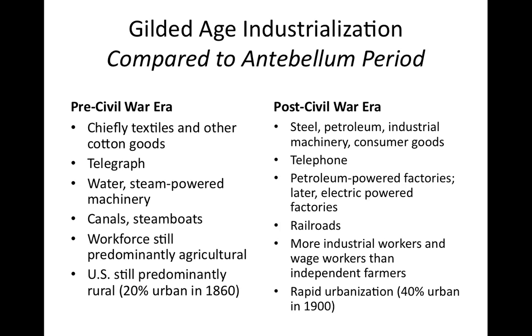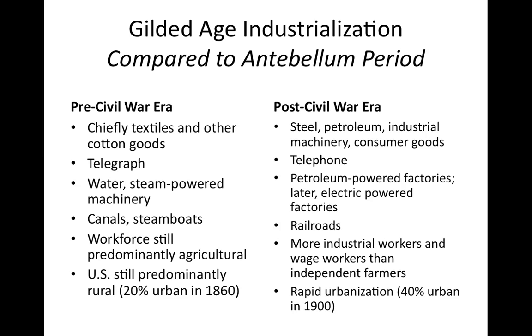Similarly, before the Civil War, the factories were powered primarily by water, moving water, rushing water, and also steam once the steam engine was developed. On the other hand, during the post-Civil War era, factories were now being powered by petroleum, which allows for much more powerful factories.